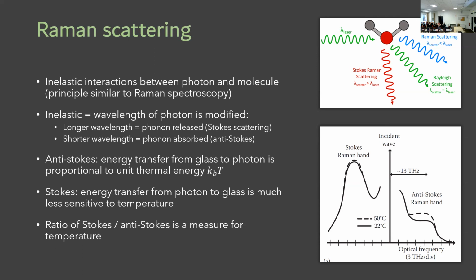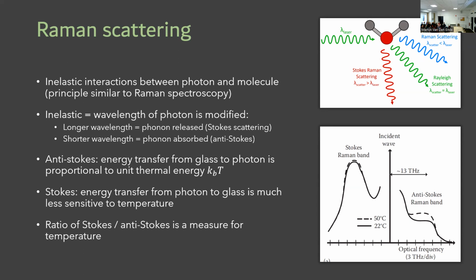So if you measure the light coming back and you look at the spectrum, you get two peaks. One is the Stokes and the other is the anti-Stokes component. And so the transfer of energy from a molecule to the photon, the anti-Stokes component, is proportional to the temperature at which the molecule is sitting. The other way around, transmitting energy from the photon to the molecule is less temperature sensitive.